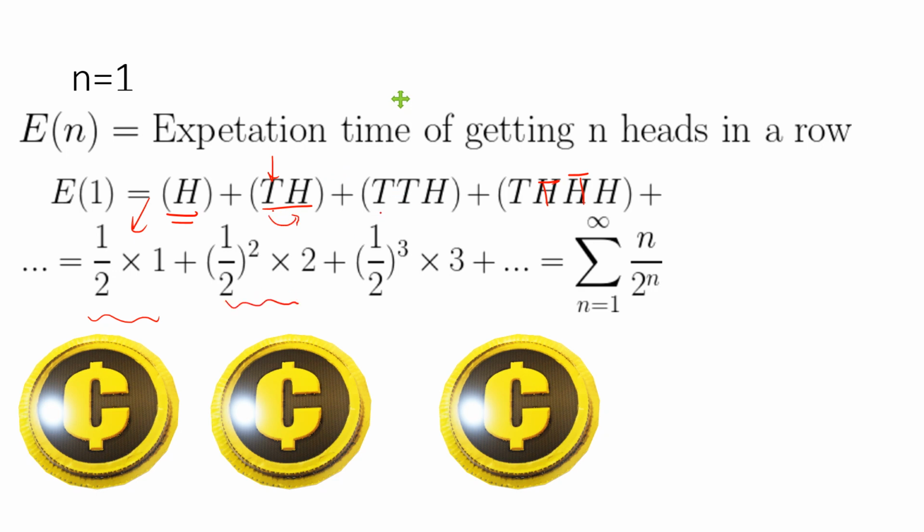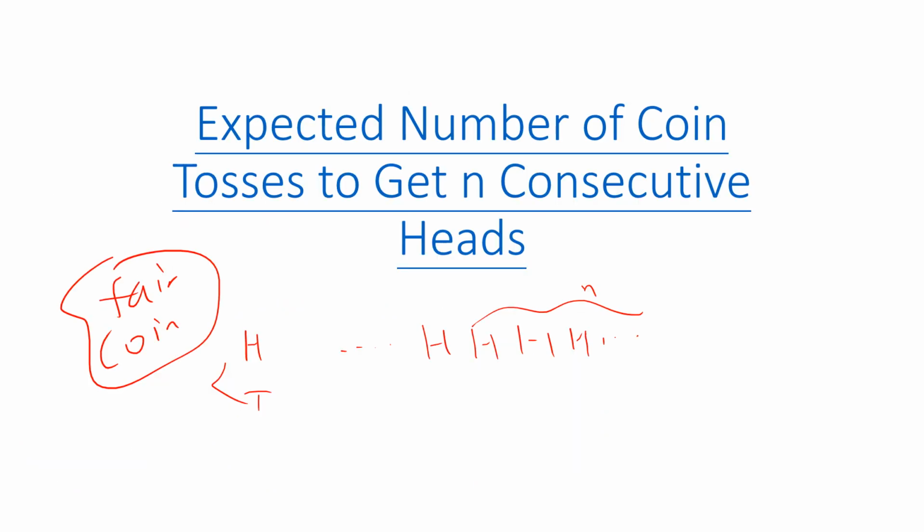The third situation is the first 2 times fail, then you succeed. The first 3 times fail, and then you succeed. You write down the series, and you get this. The remaining work is just computing this term, and we will use this result.